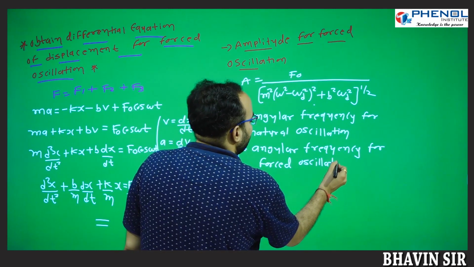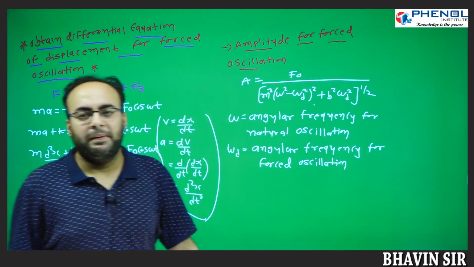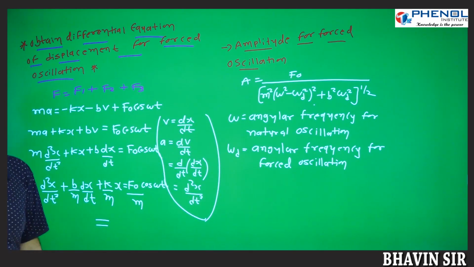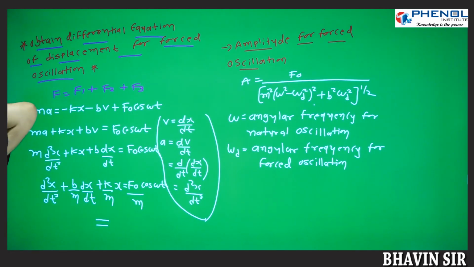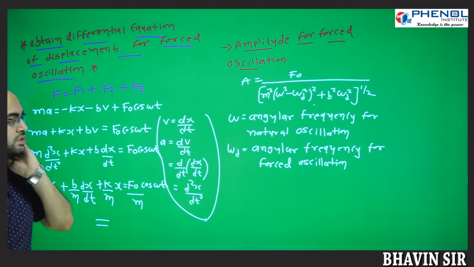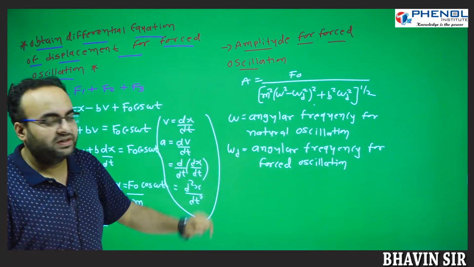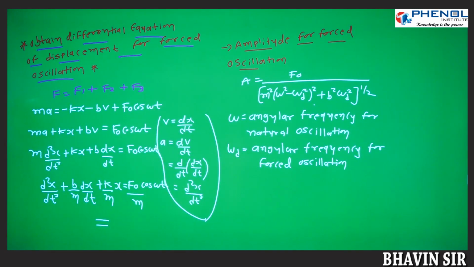Forced oscillation means oscillation in the presence of an external force, also known as driven oscillation. So that's why here we write omega d. So this is the amplitude.